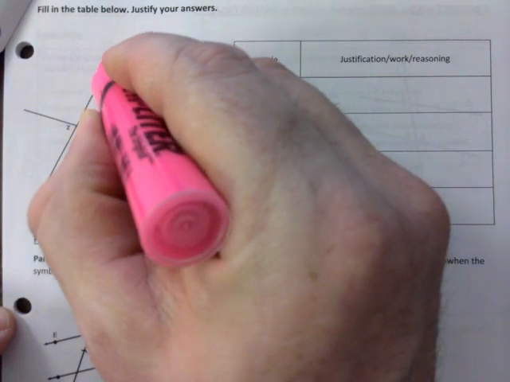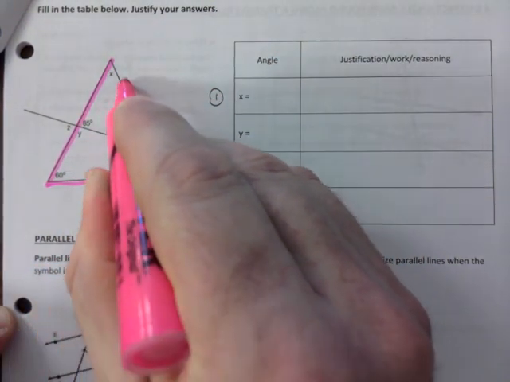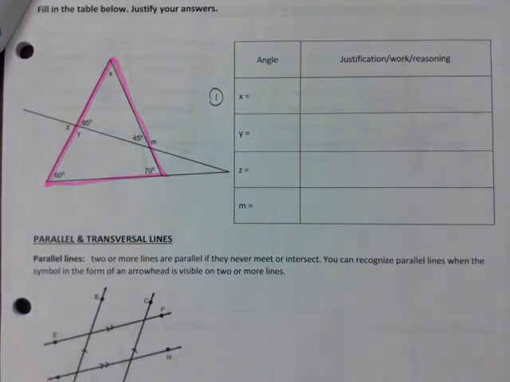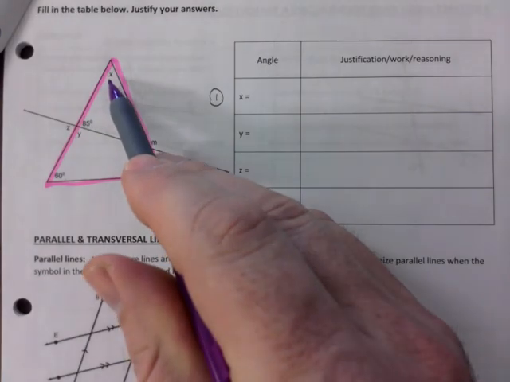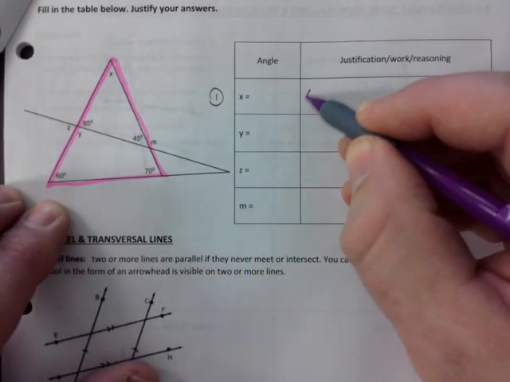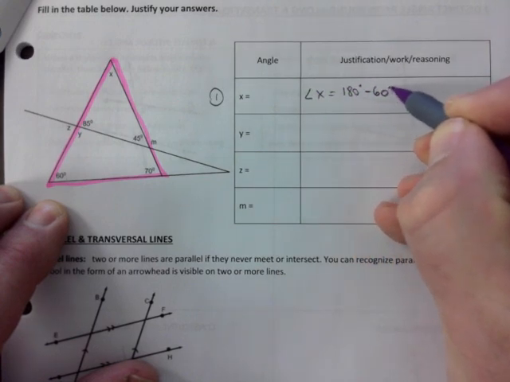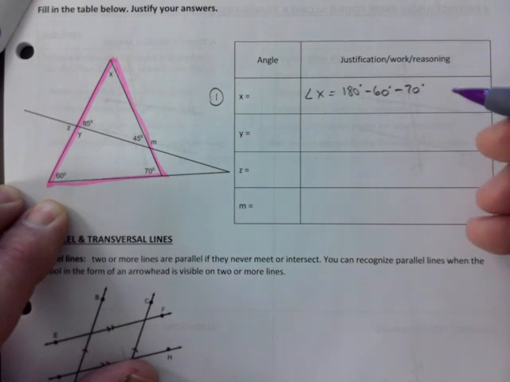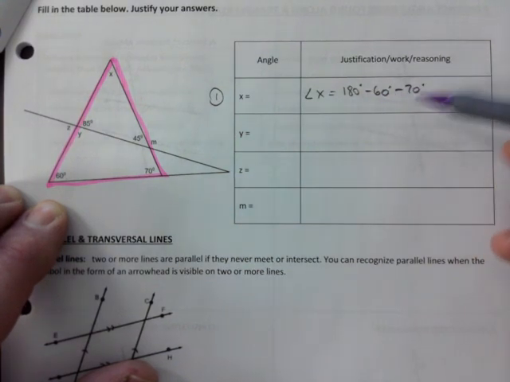I want you to zoom out and look at the triangle. We know 2 of the angles already. The third one can easily be found, right? So we're going to say that angle X is 180 minus 60 minus 70. And I know some teachers go minus 60 plus 70 in brackets.